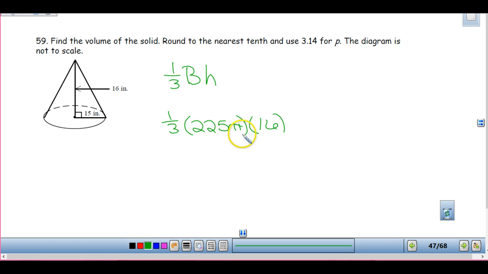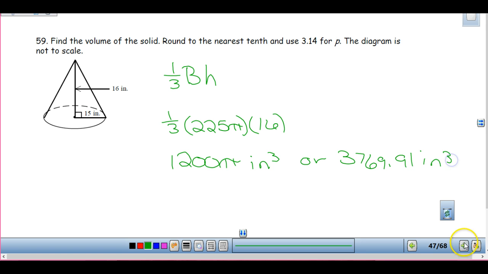So if we multiply that, we get 3600 pi, times by 1/3, we get 1200 pi inches cubed, or we can get 3769.91 inches cubed.